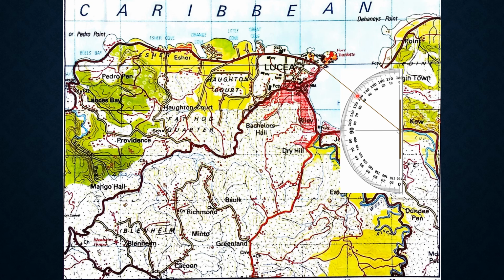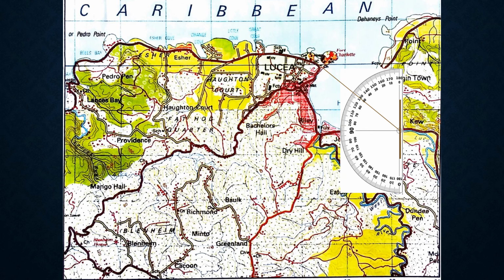So here's the angle right here. So 128 added to 180 should be approximately 308. Yes, 308 degrees. That is the bearing.